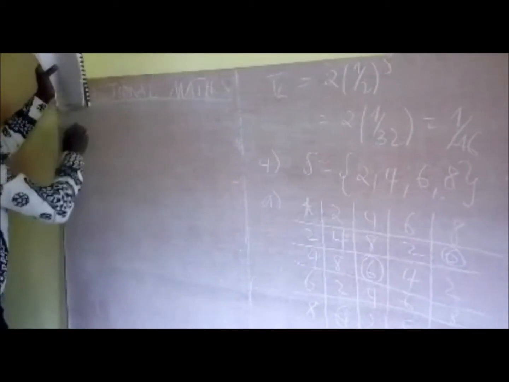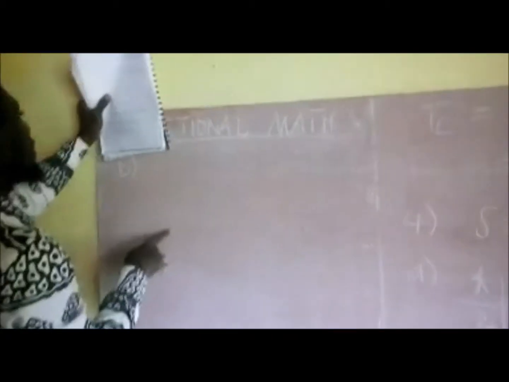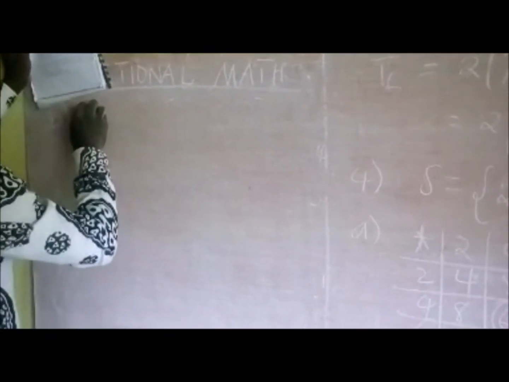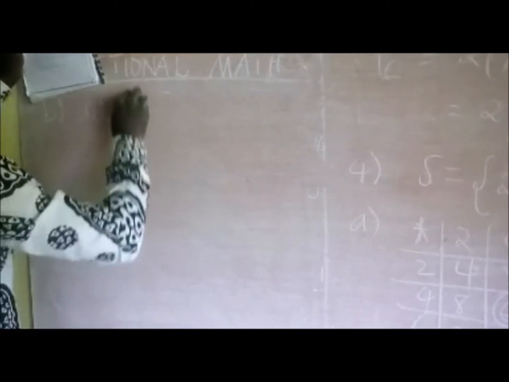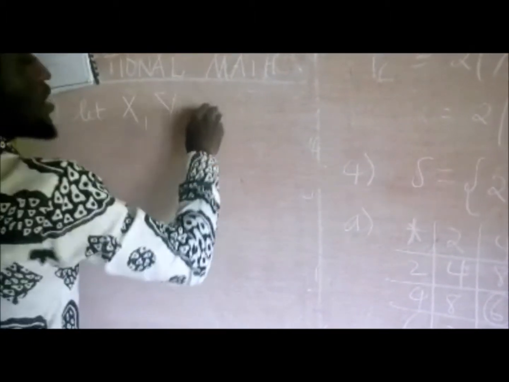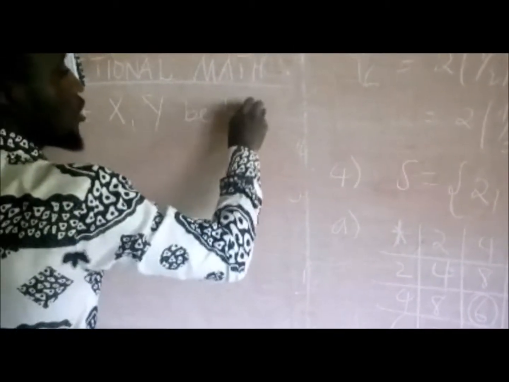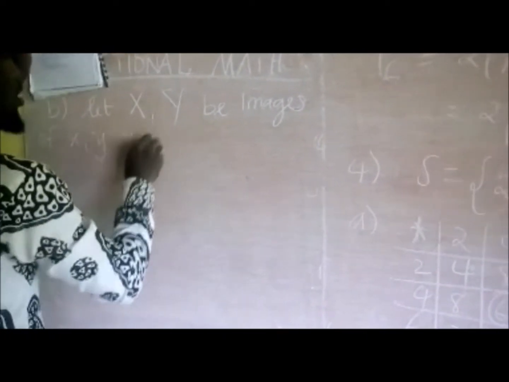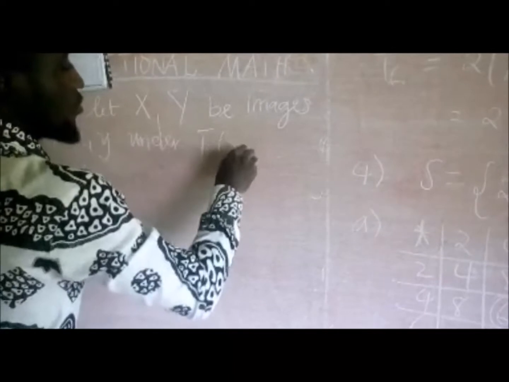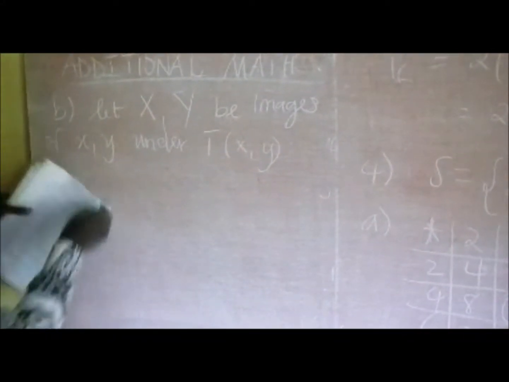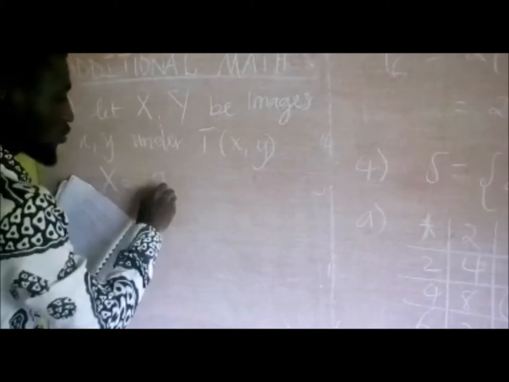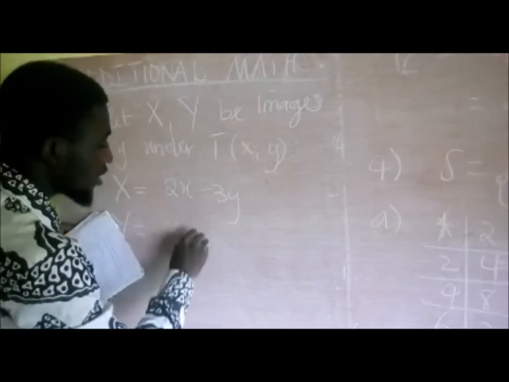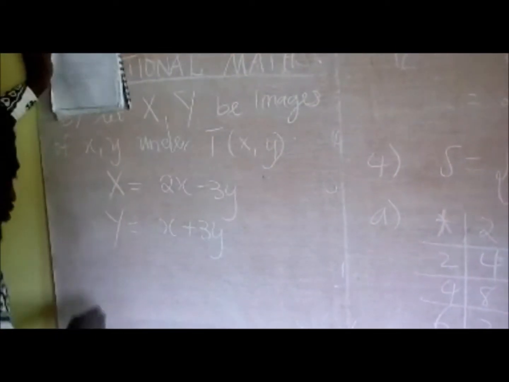Now the B part of that question 4, they say write out the 2 by 2 matrix representing the transformation T. Okay, let capital X and capital Y be the images of small x and small y under the transformation T. So it therefore means capital X is equal to 2x minus 3y, and capital Y is going to be x plus 3y.